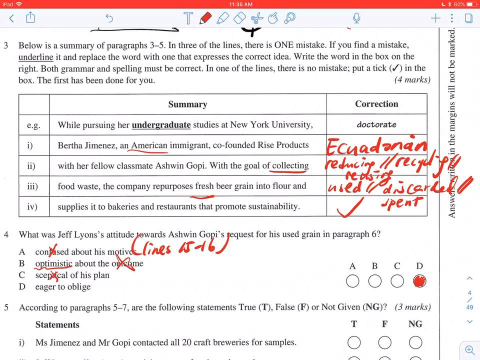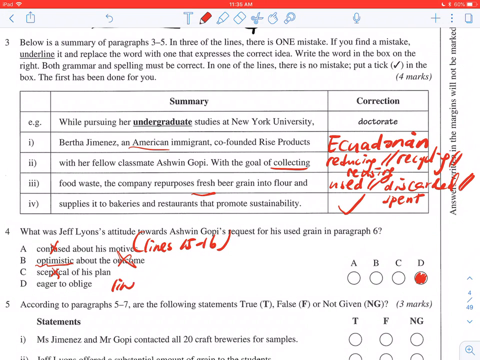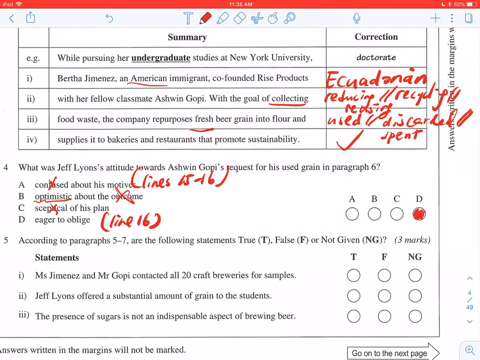D, of course, the answer: eager to oblige. So you can go to line 16 for some strong textual evidence. Okay, 5. Quickly, not given, true and false.